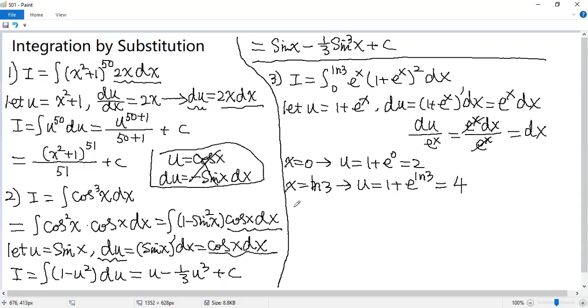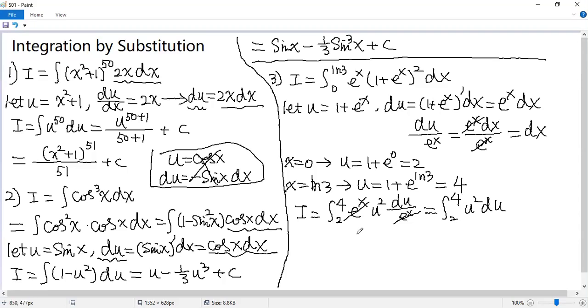So the given definite integral becomes the integral from 2 to 4 of e to the x, and 1 plus e to the x is u, so u squared, times dx, which equals du over e to the x. Now we cancel e to the x, so we get the integral from 2 to 4 of u squared du.